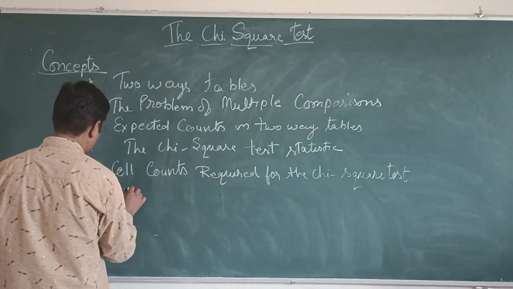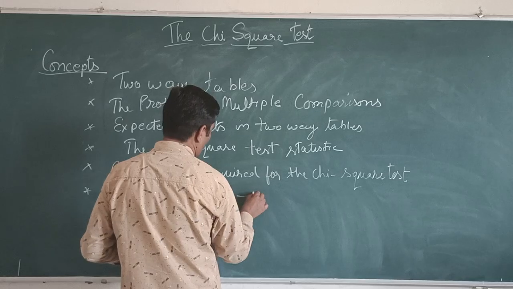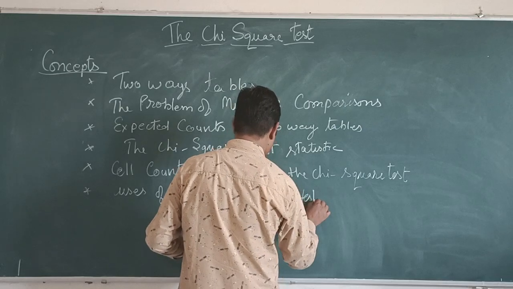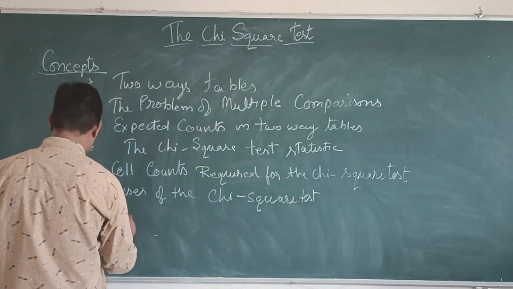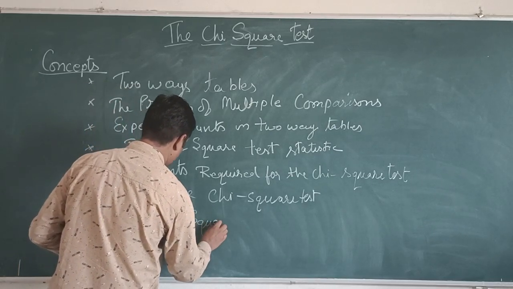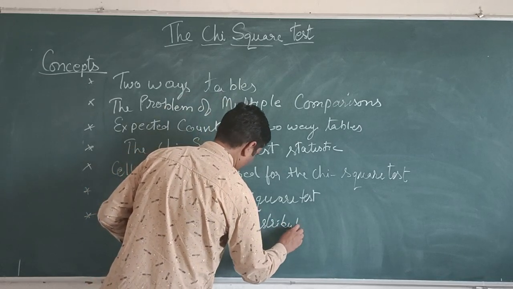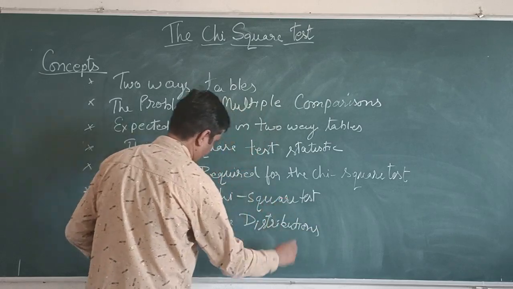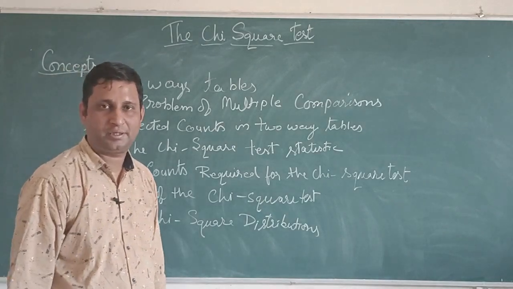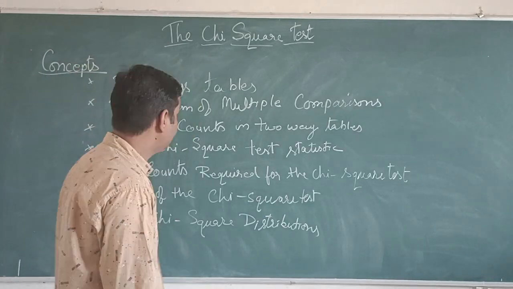Next is uses of the chi-square test, and last but not least, the chi-square distribution. These are the basic concepts which we will follow in a chi-square test. Write it down so we can go for the further study.